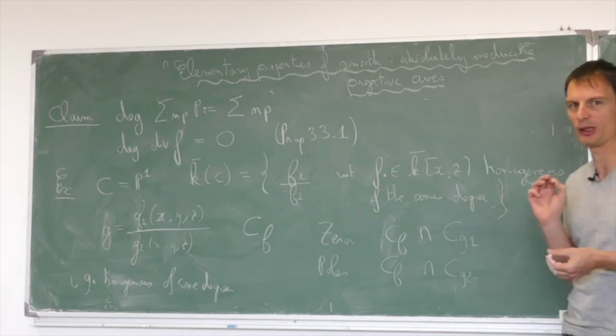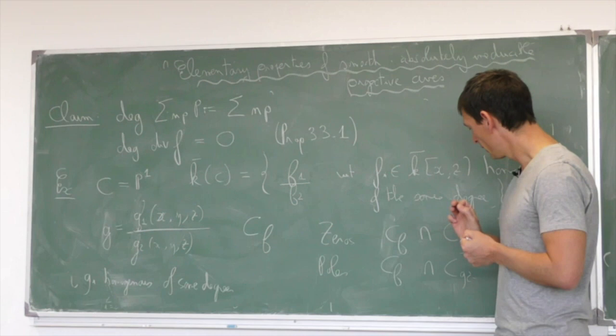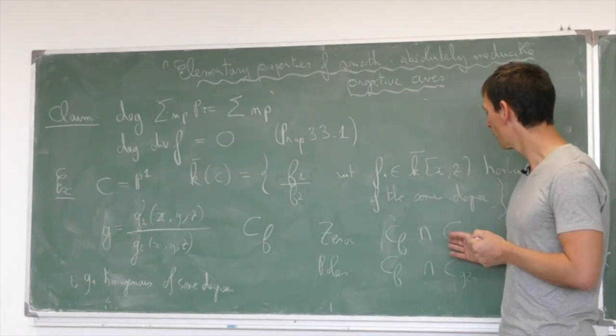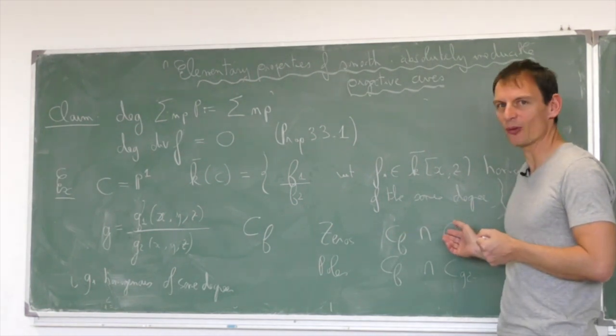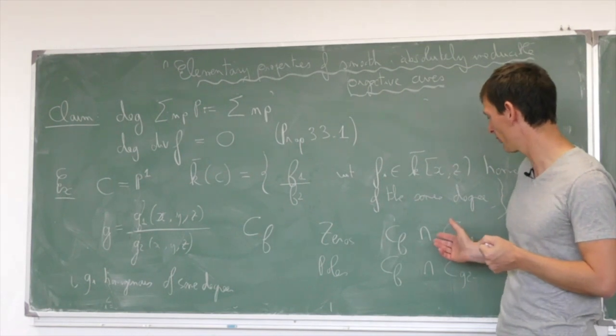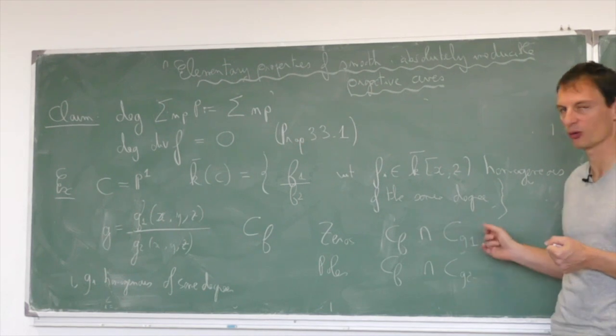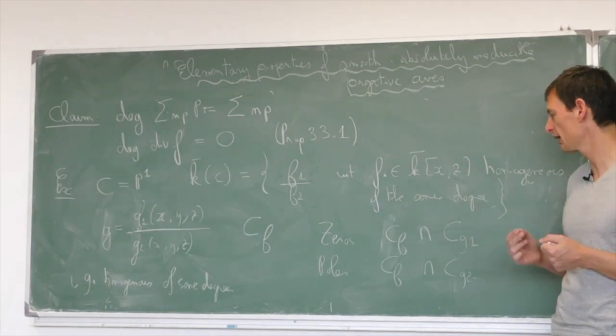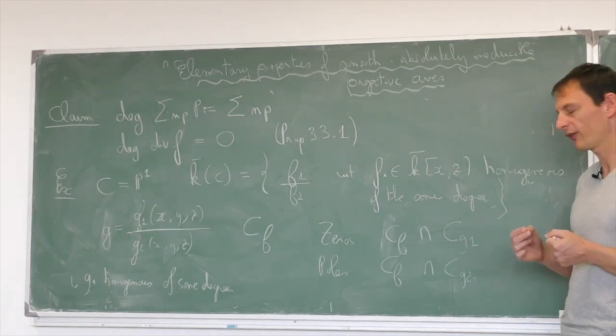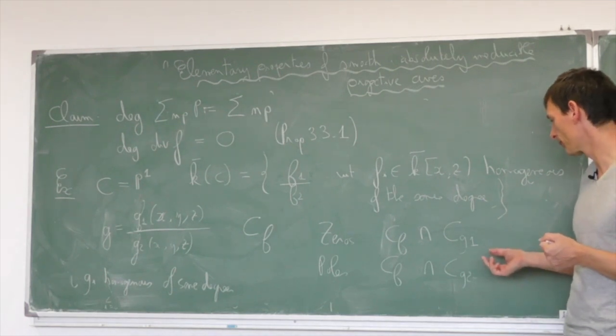Of course, I cheated a bit. I cheated where? For Bezout to say that the cardinality is the product of the degrees, you need to take into account multiplicities. And they are defined in a quite subtle way.